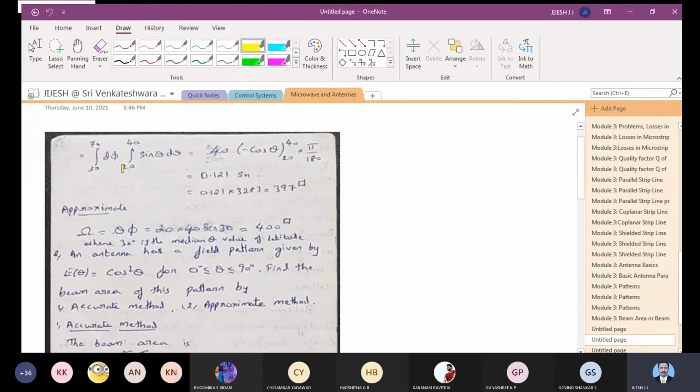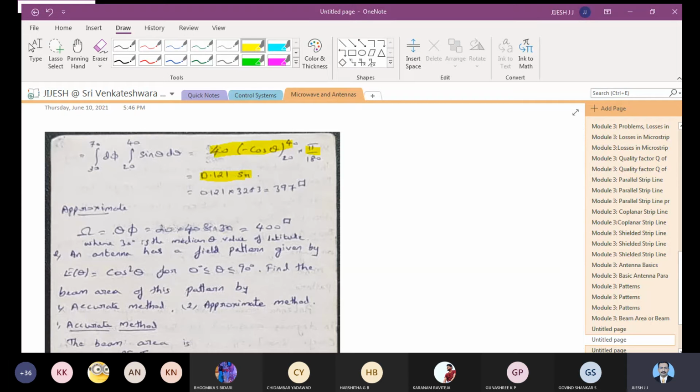And this you have to convert into steradians. Since you want steradians, you multiply by pi divided by 180 degrees. Simplifying, you will get 0.121 steradians. You might have completed this section. You multiply that answer by pi by 180 and get 0.121 steradians.